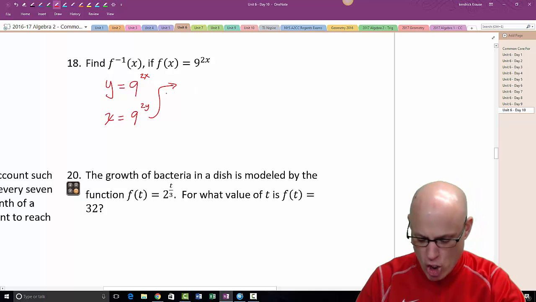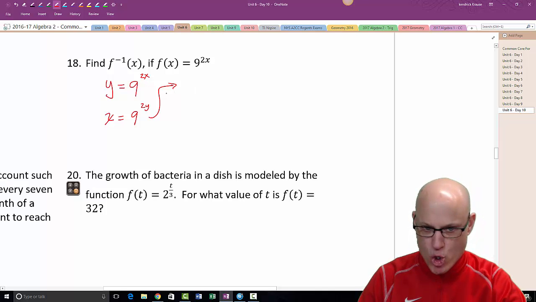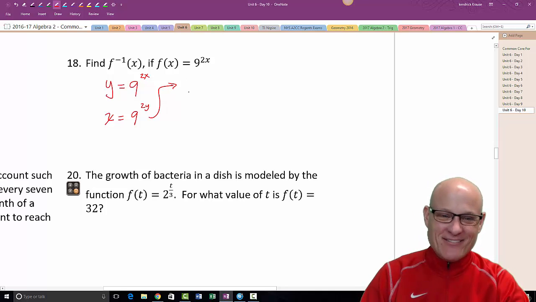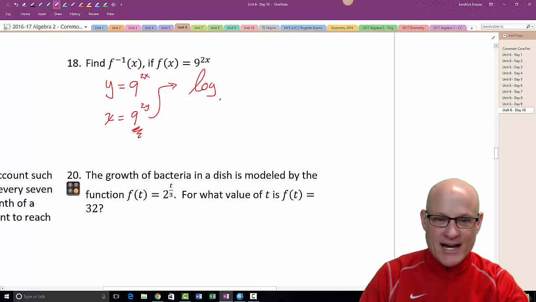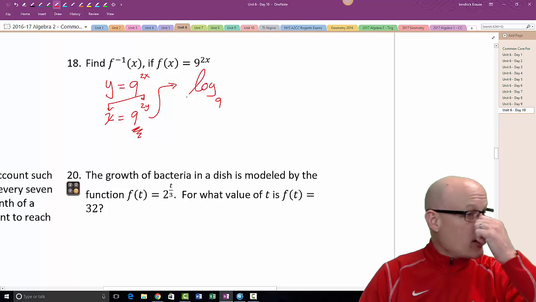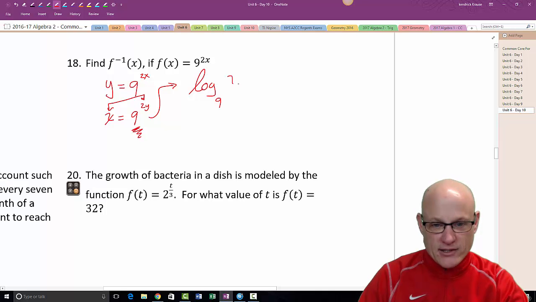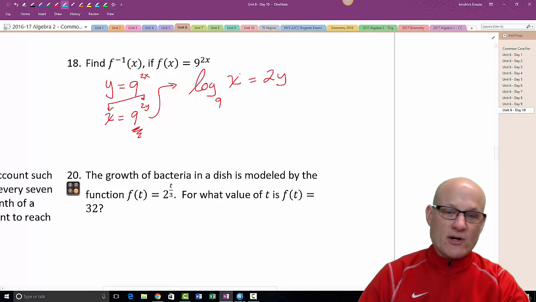And it's all about that base. Should have gone into singing. I know, I'm amazing. So log, here's my base 9, and then these two things switch, because logs are equal to exponents, so they need to switch. So log base 9 of x is equal to 2y. Well, I need to get y by itself, so I'll just divide by 2.